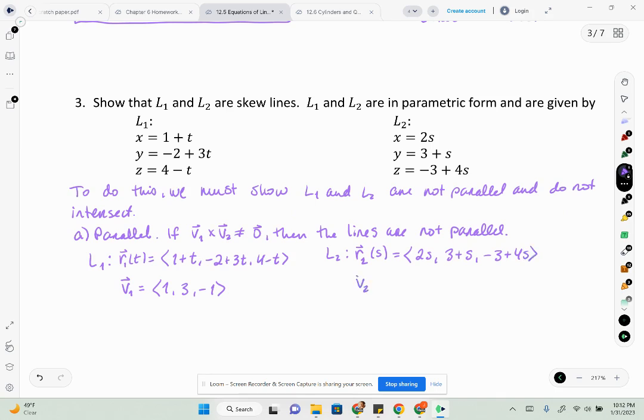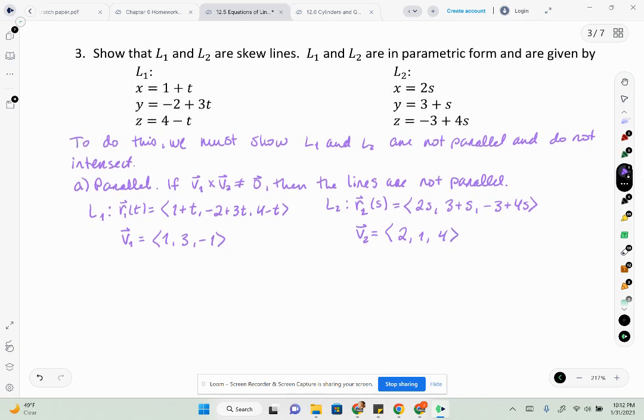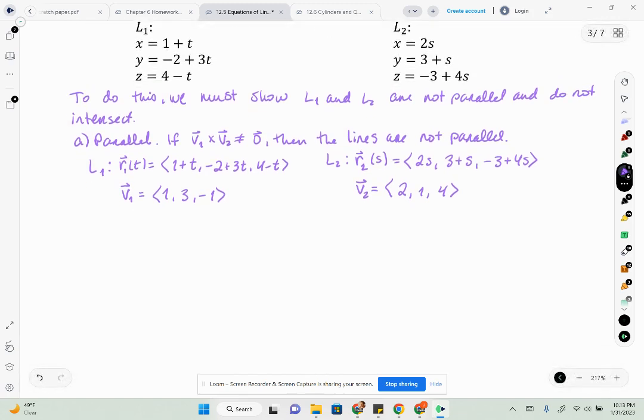Again, I'm going to identify my direction vector as v2, and it is made up of the coefficients in front of the s's in each component. So from the first one I get a 2, the second one I get a 1, the third one I get a 4. Okay, now that I have those pieces, I can go ahead and see if the cross product is equal to 0 or not.